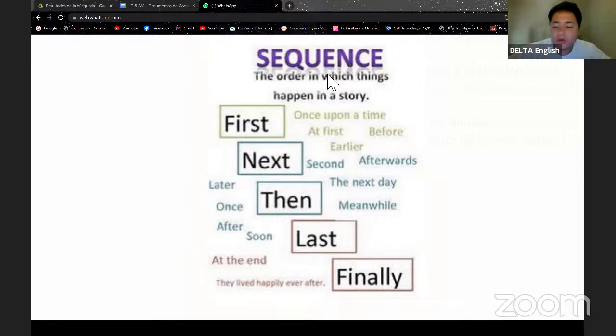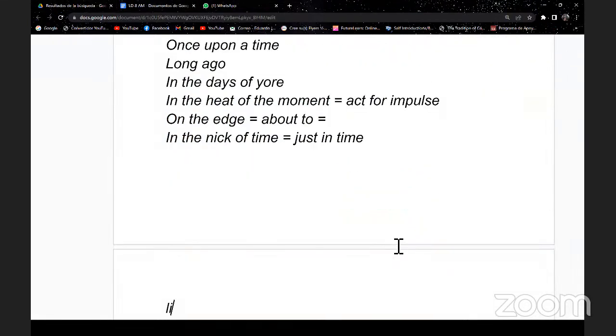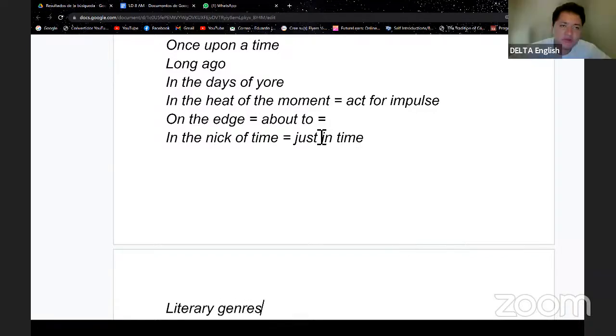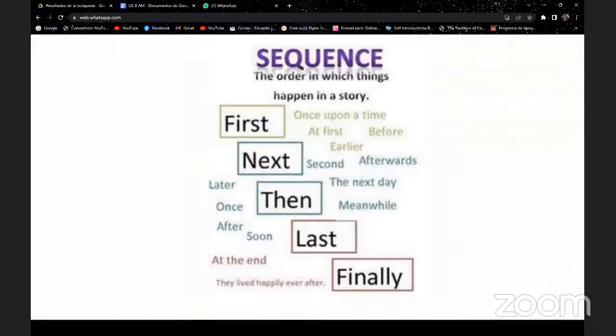Yes, teacher. One question. Last and finally is the same? Yes, you can use last or finally, it is the same. Last is por último, finally, finalmente.